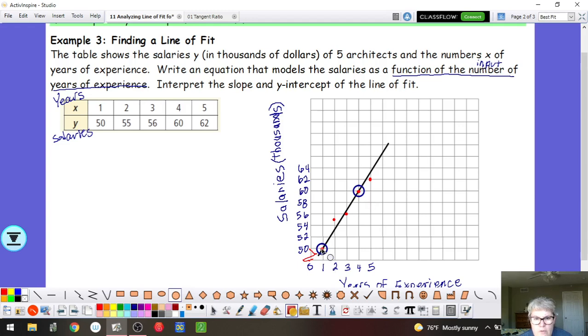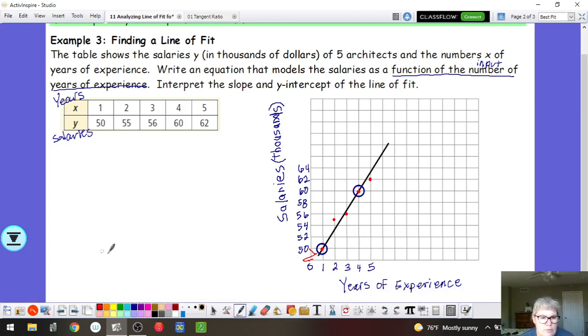We have one at (1, 50) and we have one at (4, 60). So when we find our slope, these are the points we're using, (1, 50) and (4, 60). Remember, slope is change in y over change in x.